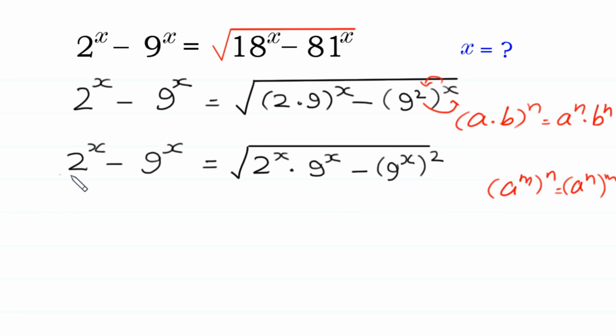Now here we have 2 to the power x, and here we have 2 to the power x, and here we have 9 to the power x, here we have 9 to the power x, and here we have 9 to the power x.